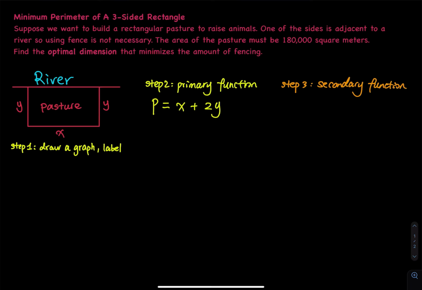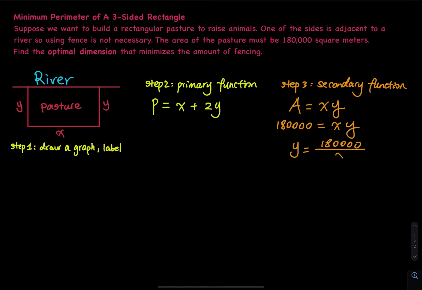The given condition is that the area equals 180,000 square meters. The area is X times Y, so 180,000 equals X times Y. Can you put Y in terms of X? Of course. Y equals 180,000 divided by X. This is my secondary equation.